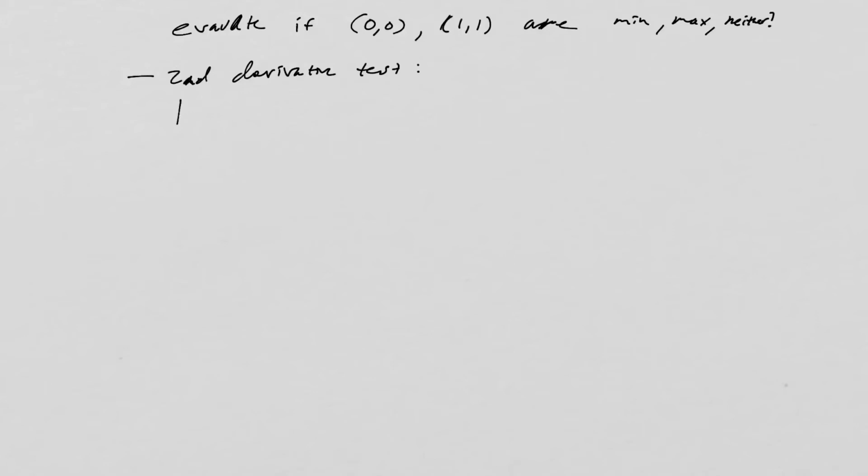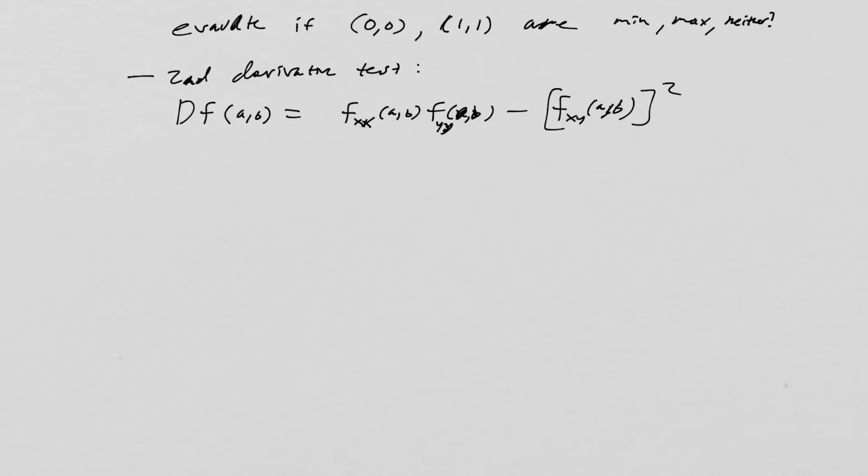All right, so we know the second derivative test of f at a point, we'll call it (a, b), is going to be equal to fxx at (a, b), times fyy at (a, b), the second derivative in y, minus fxy at (a, b), quantity squared.